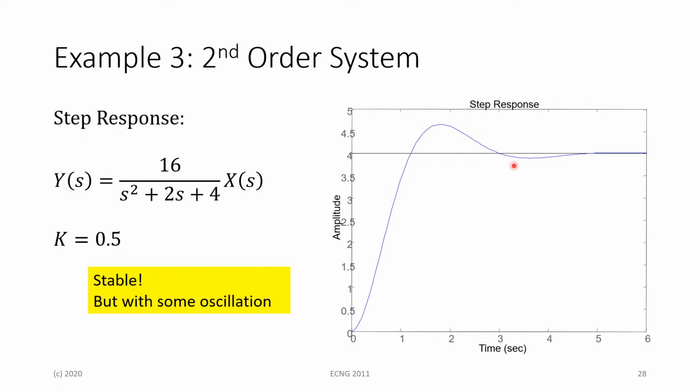So we have some oscillation that occurs before we actually approach a steady state value for the step response. And this effect is observed when k lies between 0 and 1. So yes, it is stable because we eventually approach a steady state value, but initially we have some oscillation before we approach it.